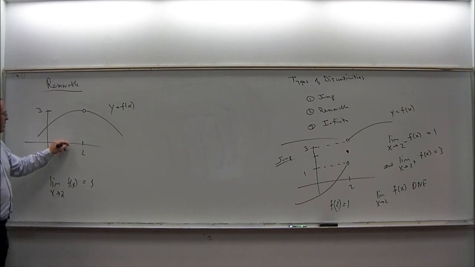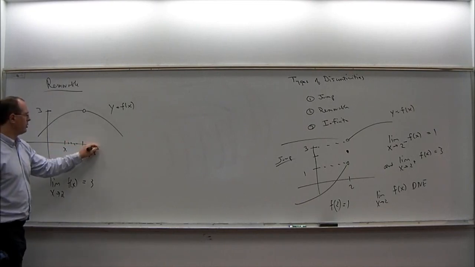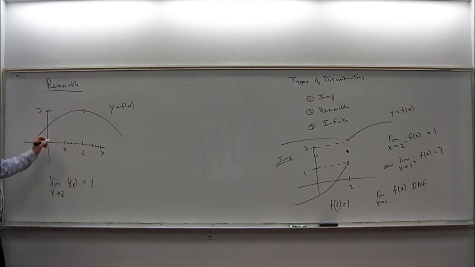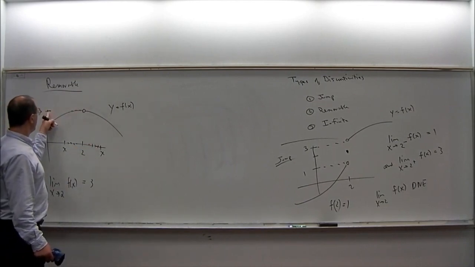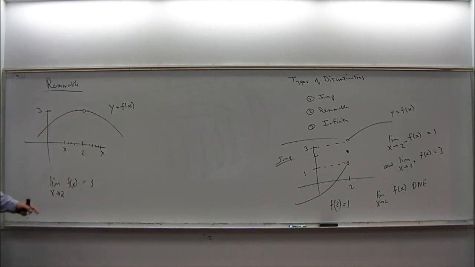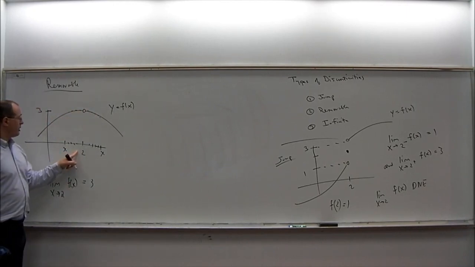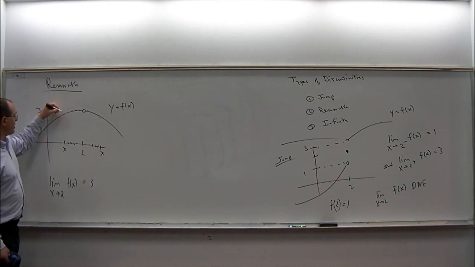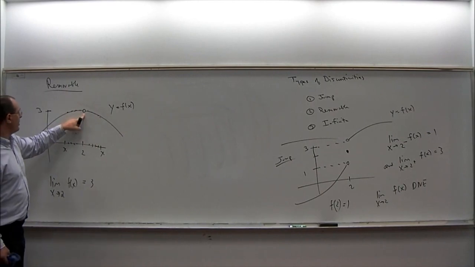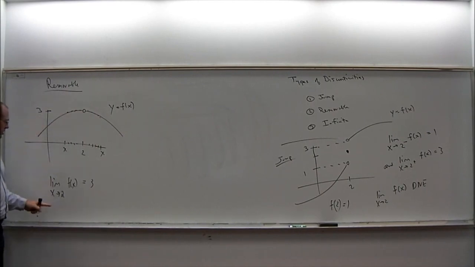As x gets closer and closer to 2 on either side, the height of f of x gets closer and closer to 3. As x approaches 2 from either side, the corresponding points on the curve are getting closer and closer to that open circle, which is at a height of 3. So we can conclude that the limit as x approaches 2 of f of x is equal to 3.